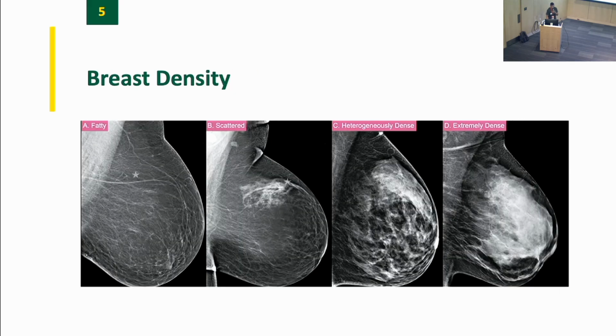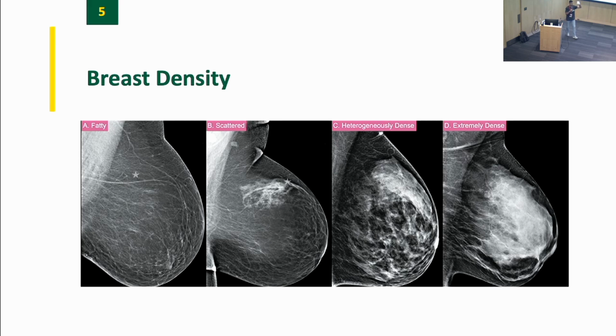Okay, cool. So I alluded to breast density earlier. There's a system called BIRADS, the Breast Imaging Reporting and Data Standards. It's a way that we report mammograms in a standardized lexicon with standardized scoring so that they can be interpreted more easily. There's a density scoring from A to D. A is mostly fatty, B is scattered fibroglandular tissue.